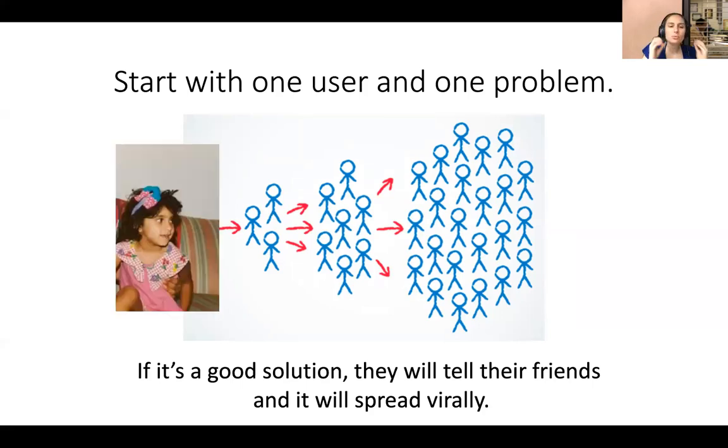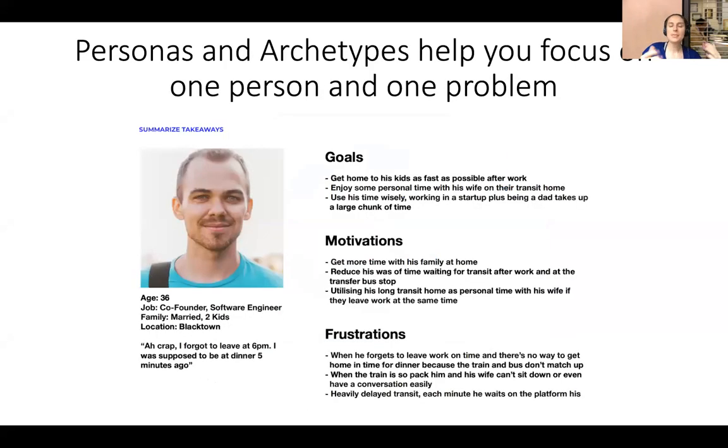But you really have to remember, this is a real person, and you really have to think about not just the technology, not just your idea, but really flip it around and think about that person who's struggling with something and that you are helping. Because if you really fix that one person, it's that person that's going to tell their friends. You also want to be nice and friendly and make sure that they feel comfortable giving you honest feedback. So this is why we talked about personas and archetypes.